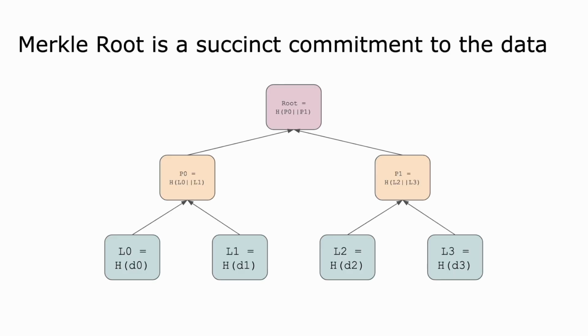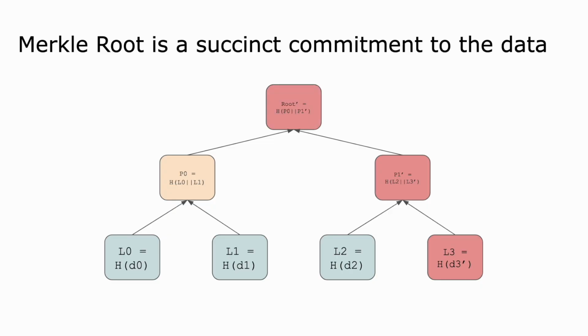If I change any bit of any of these leaves, let's say I modify D3 to D3 prime, then the value of that leaf node is going to change because this is a hash function. Instead of having L3, I'm going to have L3 prime. Similarly, its parent is going to change because I'm now hashing L3 prime to get P1 prime, as will ultimately the root.